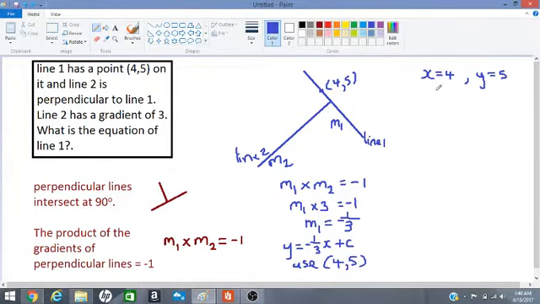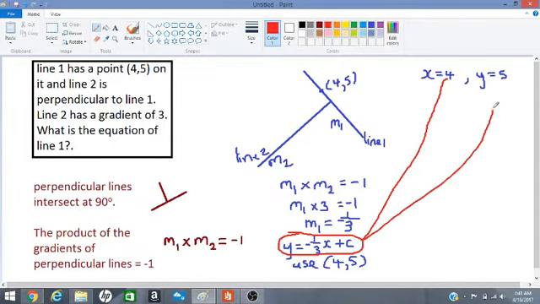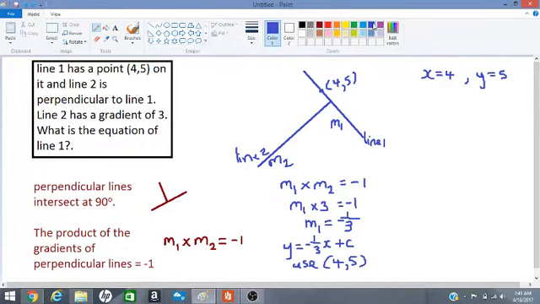Now we substitute values for x and y into this equation. So we will have y is equal to -1/3 x, where x is 4, so we write 4 in brackets, and replace y by 5.